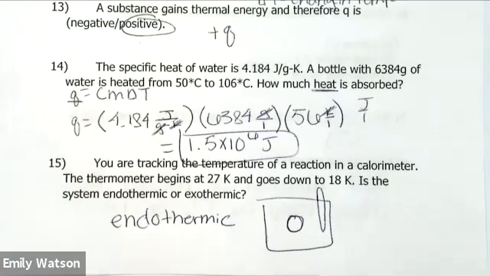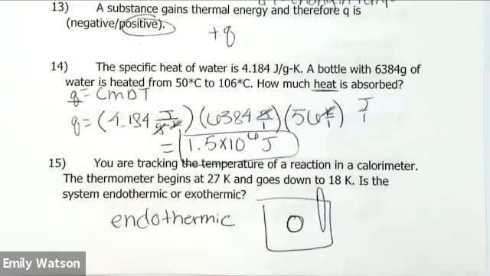So if the surroundings are losing heat, then what must be gaining heat? The system, right? And a system that pulls in heat from outside feels cold to the touch, right? So if you grab a super cold drink, it feels cold because it's pulling heat from your hand into that cup. And that's why it's endothermic.